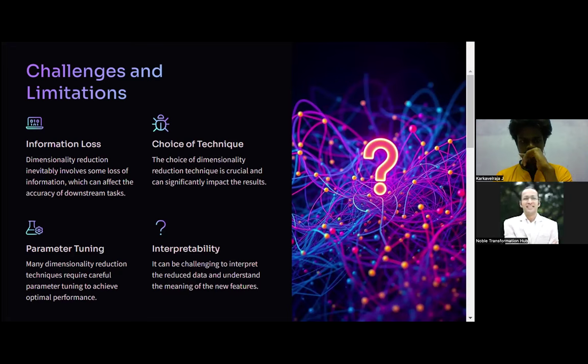Then the choice of technique. Choosing the right technique for dimensionality reduction is crucial. It has a significant impact on results. So if you're using PCA or t-SNE or whatever techniques you're using, you need to know what the limitations are, what the do's and don'ts are, so that you don't use just any technique.